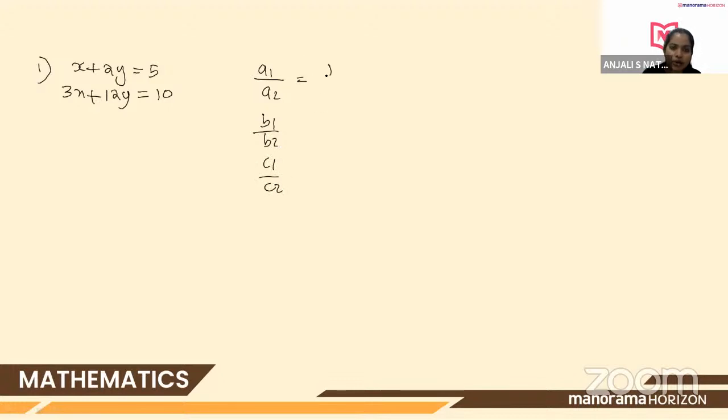a1 by a2 is 1 by 3, b1 by b2 is 2 by 12, that is 1 by 6, and c1 by c2 is 5 by 10, that is equal to 1 by 2. So, here a1 by a2 is not equal to b1 by b2.